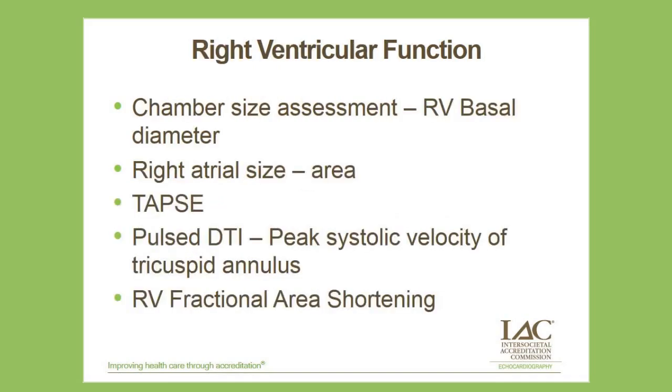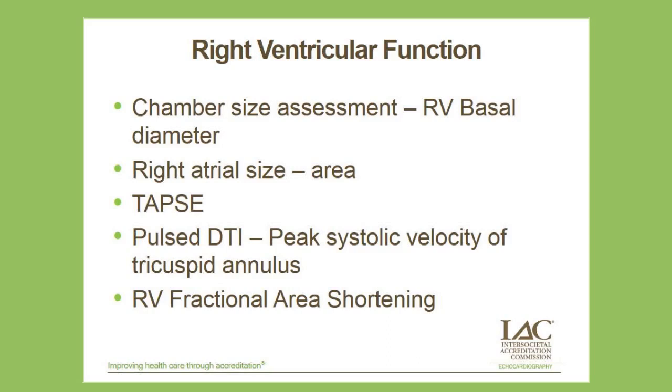Okay, next, sometimes when we have a reduction in left ventricular function, we'll also have a reduction in right ventricular function as well. So we'd want to assess the chamber size, and we just do a quick measurement of the RV basal diameter. We also look at the right atrial size, just doing a quick right atrial area trace.